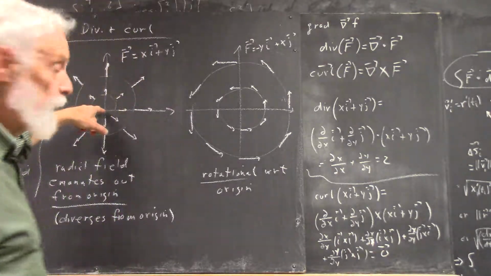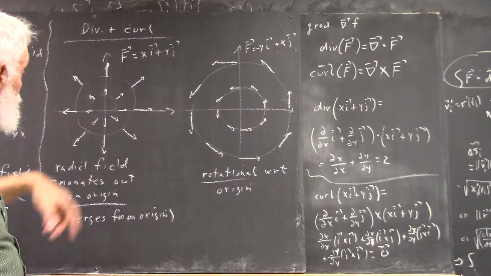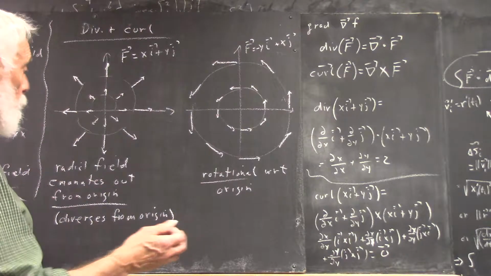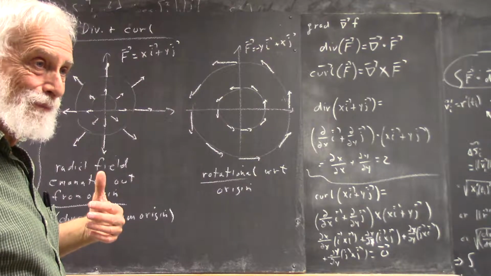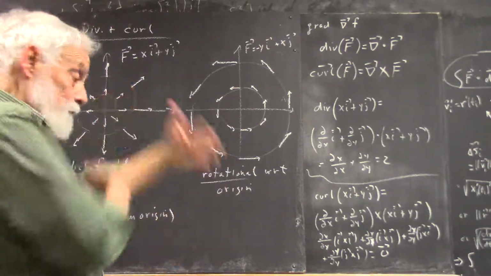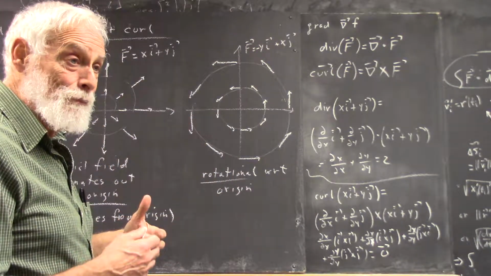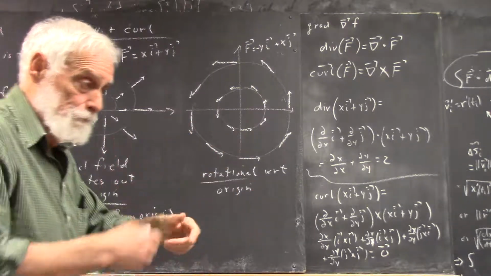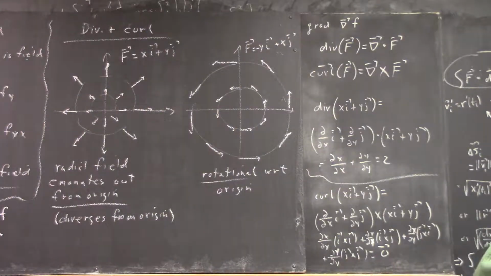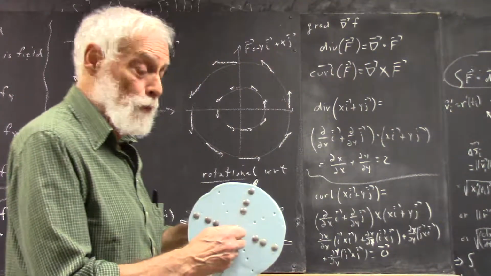Now, if we look at this field, is this field diverging or is it rotating or curling? Diverging. It's diverging and there's no rotation, there's no curl. If you have these force vectors acting on that disk, what's going to happen?